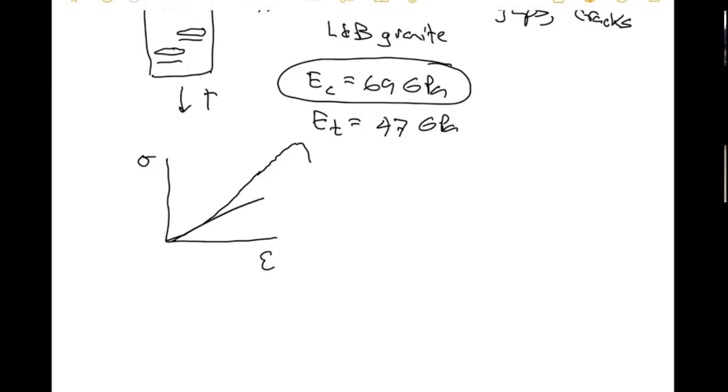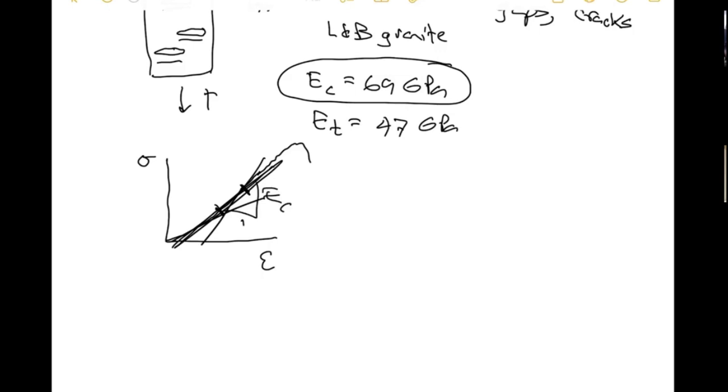The initial slope is this, and the slope up here is stiffer, and that's because of this crack closure business going on. And so what is typically done is there's a portion of this curve that's almost linear, and that's the slope that people measure, and they call that the Young's modulus.